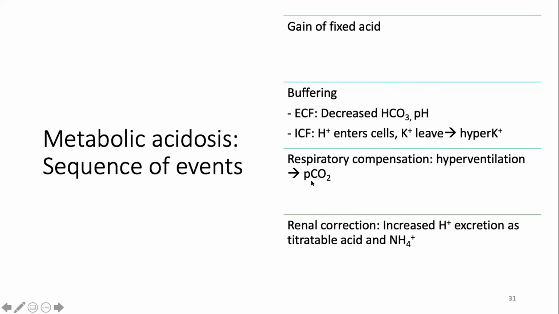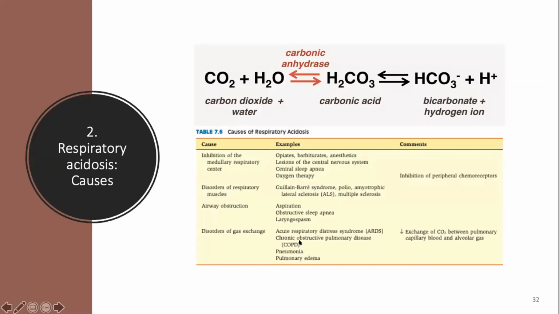So, of course, hyperventilation and blowing off as much carbon dioxide as you can. After 2 to 3 days, then only the renal correction will take place. The renal correction may take place early, but then the effect may only be seen after 2 to 3 days. Okay. So what happens is that the renal will try to excrete more H plus, either as the ammonium or the titratable acid.